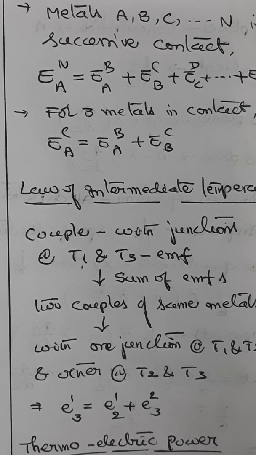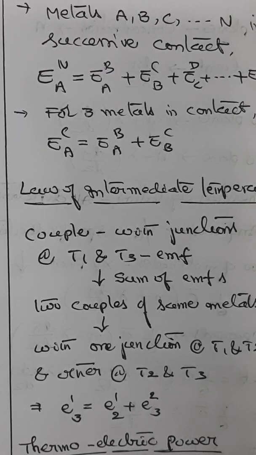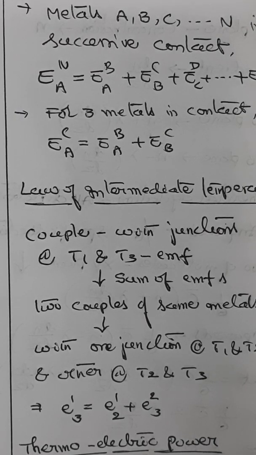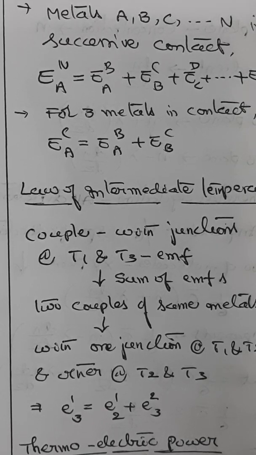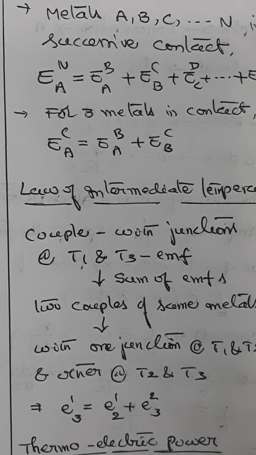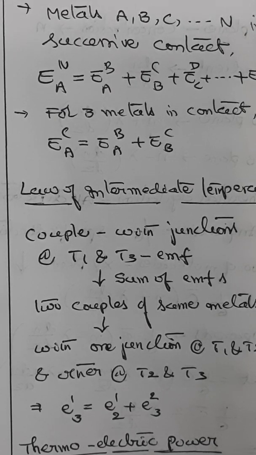Already we have seen the graph of thermo EMF versus absolute temperature. The slope of the tangent to that curve at a temperature gives you the thermoelectric power. We can understand this through an experiment: against temperature, we plot the thermoelectric power.